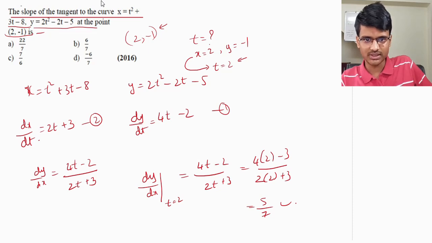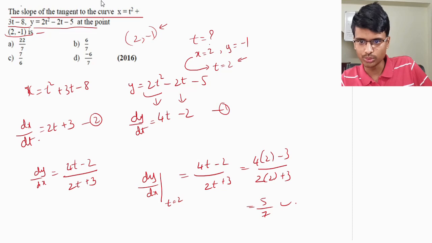We have done some mistake, I guess. 5 by 7. So the correct answer is 5 by 7, right? Let me just check. 2t square is 4t, 2t is minus 2. Okay, we are doing some mistake here. 4 2s are 8.